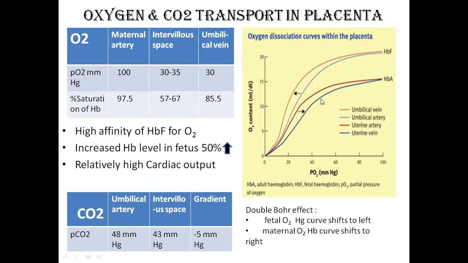So there is more unloading of oxygen, and this helps in better extraction or better oxygen supply to the fetus. So this double Bohr effect helps to increase the fetal oxygenation in placenta.